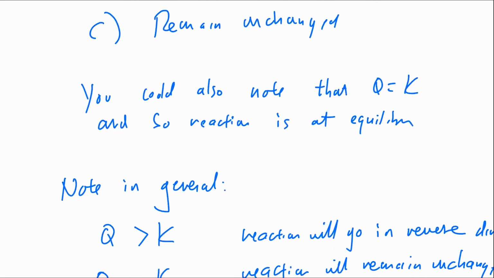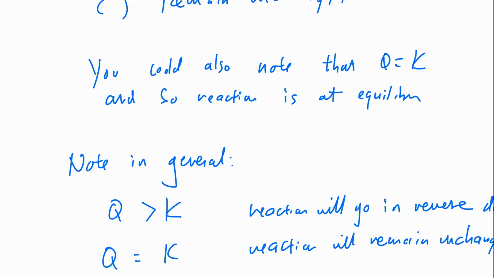Now, you could also do this problem the way I did it, I don't know if anybody else was following. But in general chemistry, there were some rules that we remember. If Q equals K, where Q is what you have and K is the equilibrium constant you want to reach, you're already there.